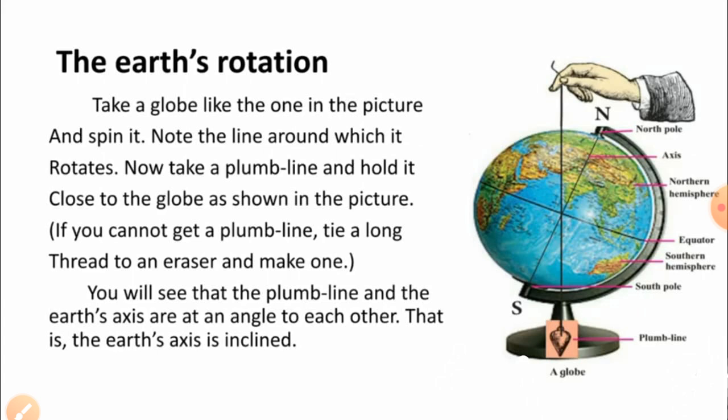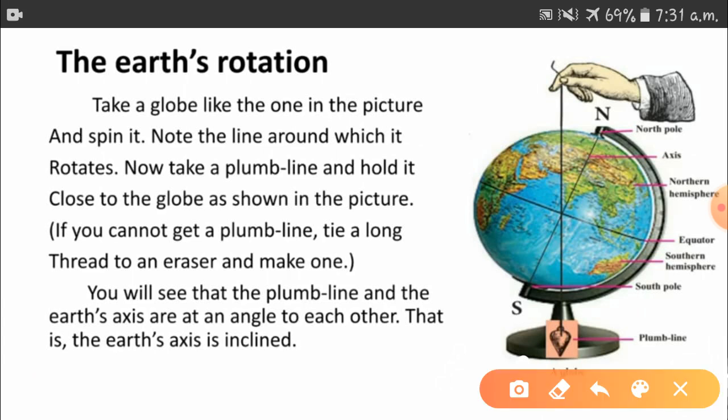You will see that the plumb line and the Earth's axis are at an angle to each other. That is, the Earth's axis is inclined. This is the plumb line, and this is the Earth's axis.